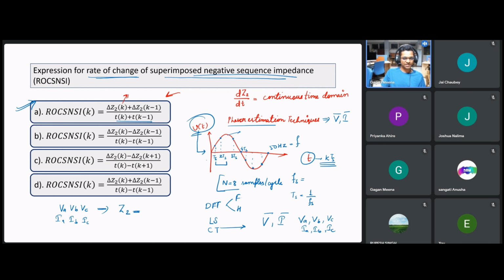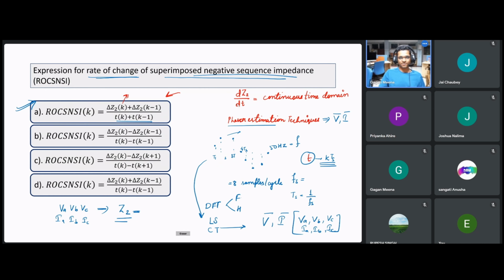From the actual voltage signal, we had the samples. From samples, we have obtained these phasors VA, VB, VC. Now the next step is to find this negative sequence impedance. So how do you find normal impedance? What is Z?